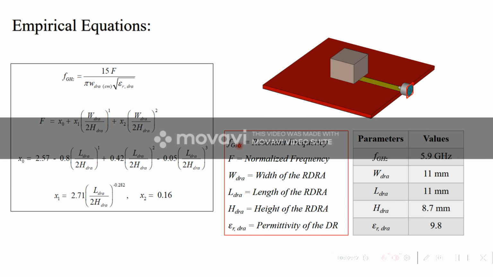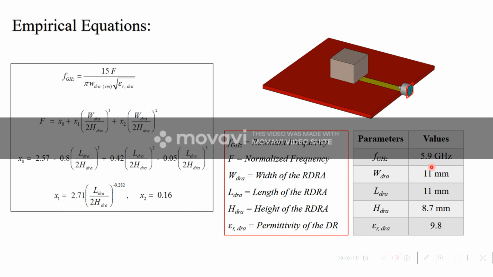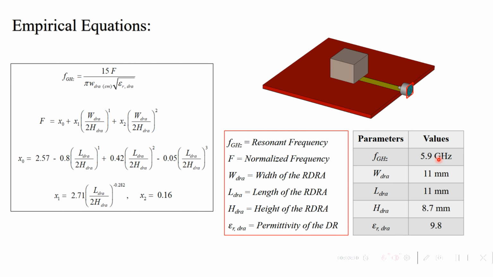At 5.9 gigahertz, I have determined the length, width, height of the rectangular dielectric resonators by using these empirical formulas. This is not only for 5.9 gigahertz; you can design for terahertz and millimeter wave frequencies also. Any frequency we can design by using this empirical formula.